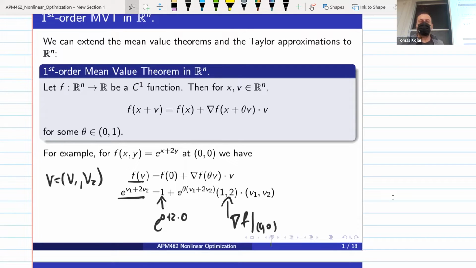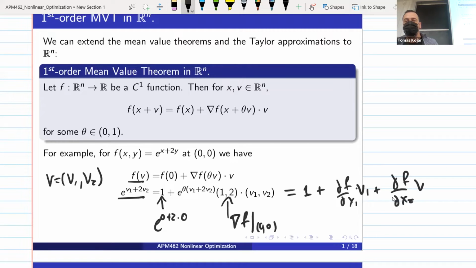Another way you might see it is with partials. So this is the partial of f in x1 times v1, and the partial in x2 times v2. Either way is fine, but with the gradient it is more compact.